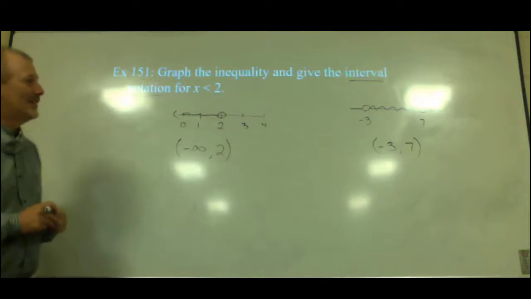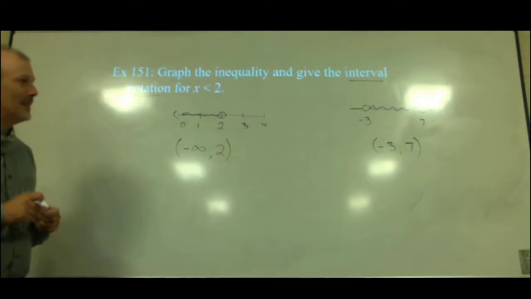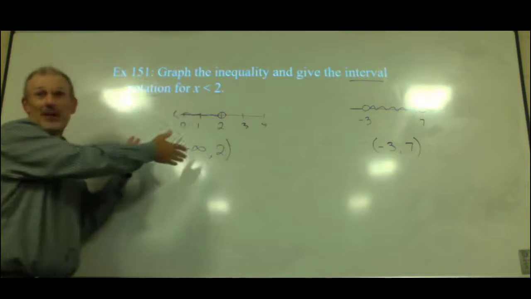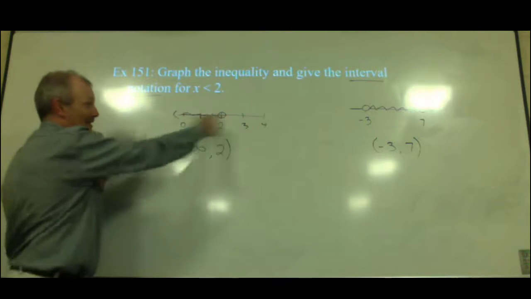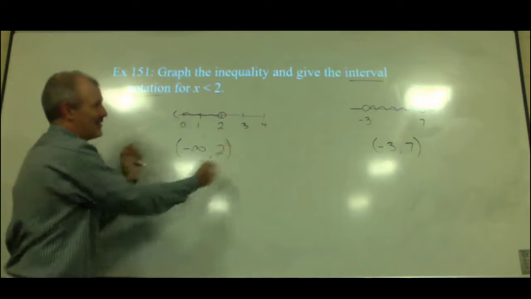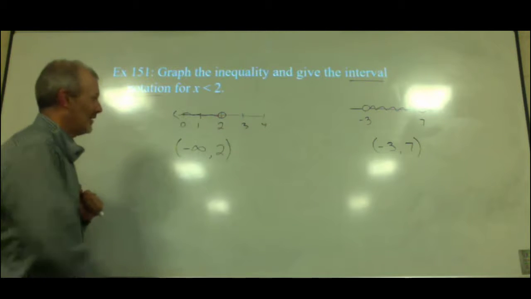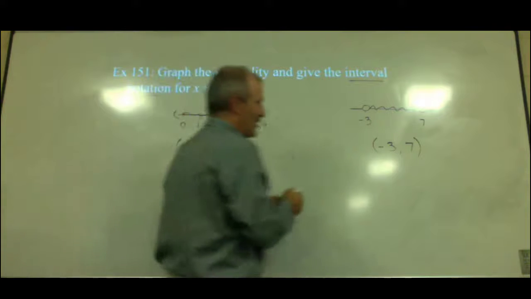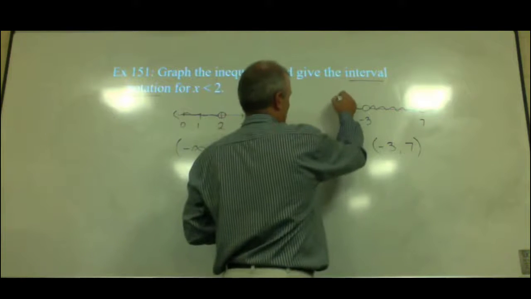Okay? So this is our answer to this example, by the way. It would be this line, and then this is interval notation. Okay? So this goes with this. Now, another example, so this is one example.